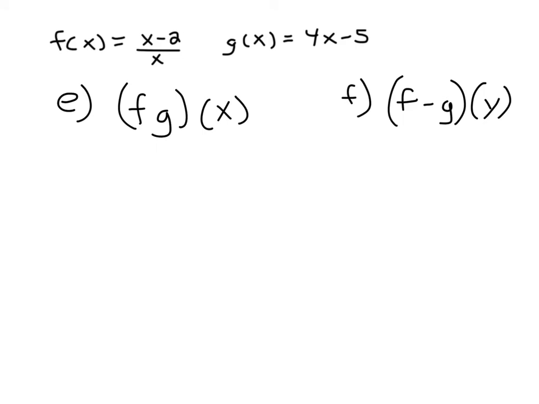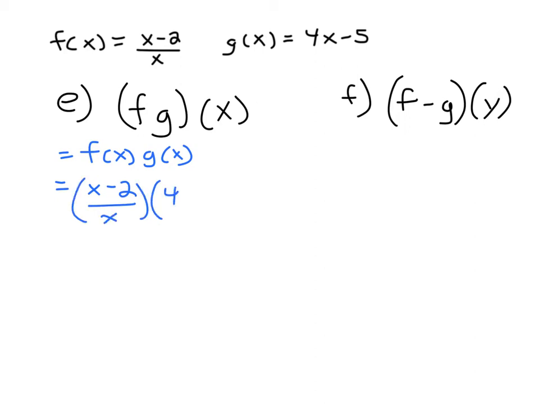And then a few more last examples. This one says f times g of x, which is the same thing as saying f of x times g of x. So let's just plug those in. There's f, and then multiply that by g.